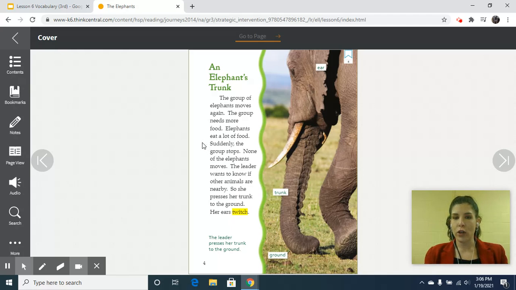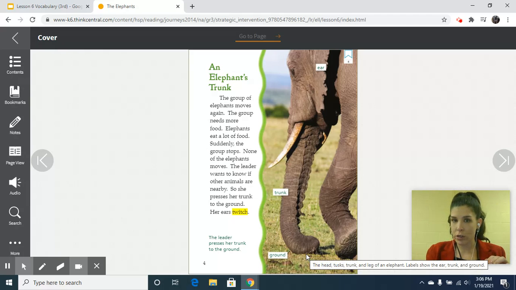The leader wants to know if the other animals are nearby. So she presses her trunk to the ground. Her ears twitch. Wow. Interesting. So everybody stops. She takes her trunk and she presses it to the ground.